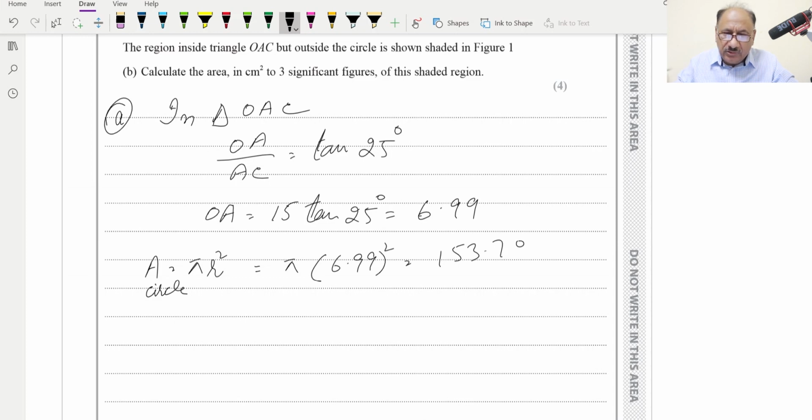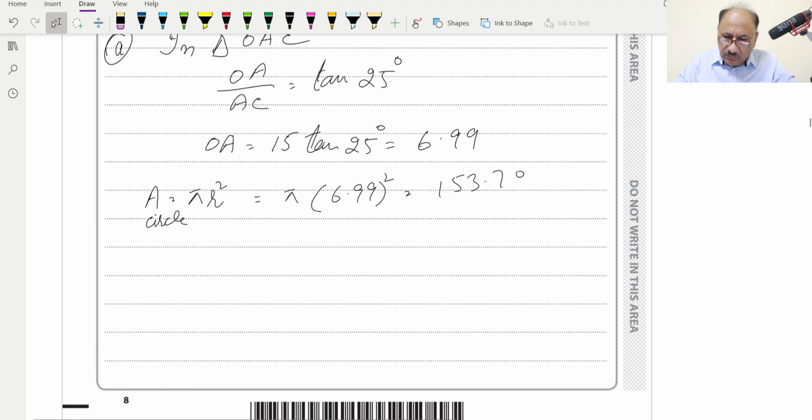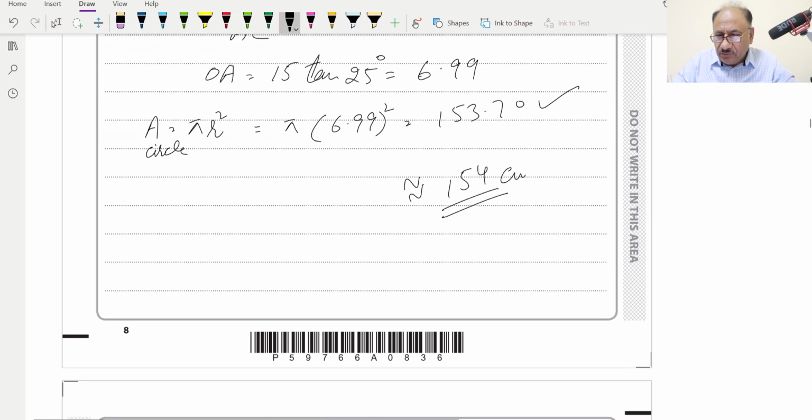Our answer needs to be three significant figures, so we can write approximately equal to 154 centimeter square.